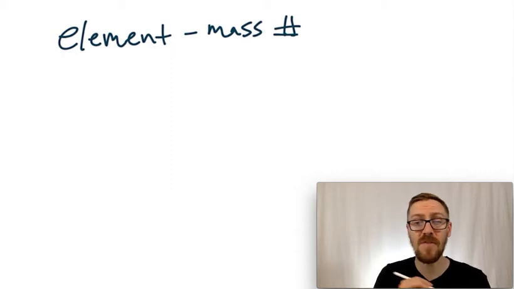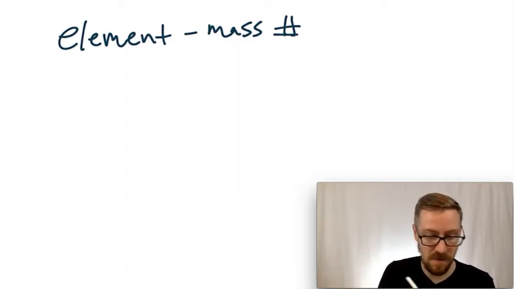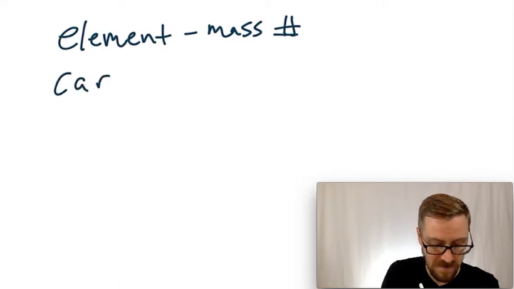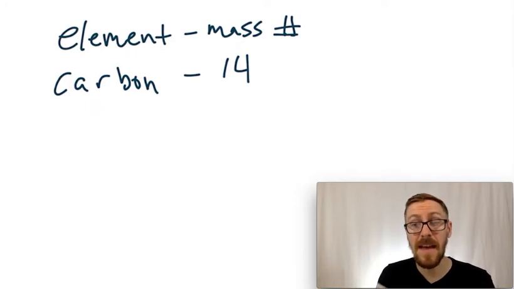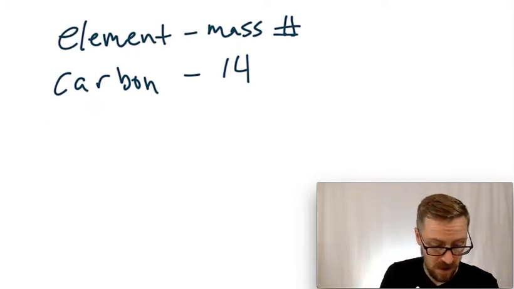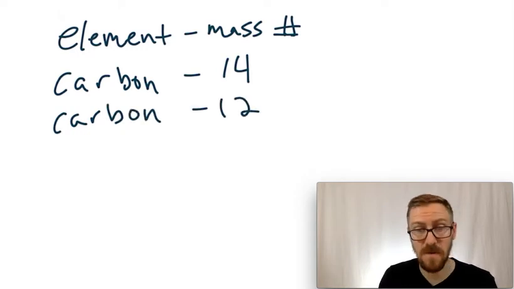So when I give you an isotope name, I will give you two pieces of information, the element name and the mass number. So for example, carbon-14. That's an isotope name, as opposed to carbon-12.